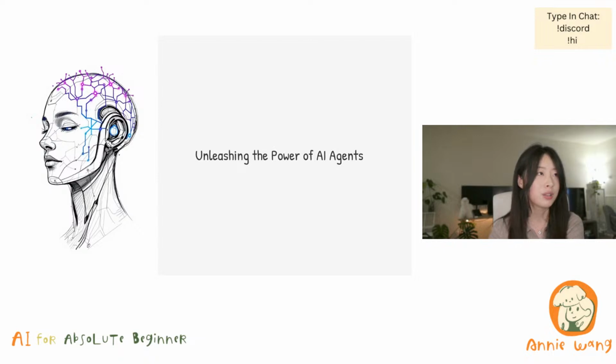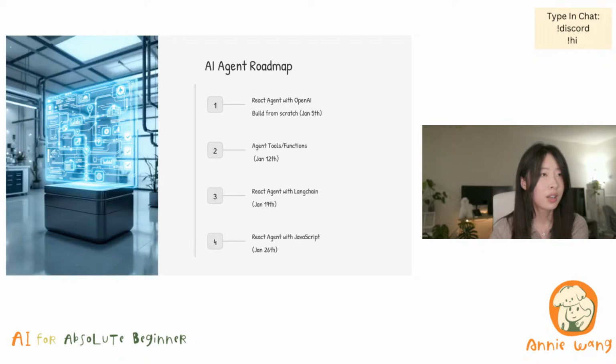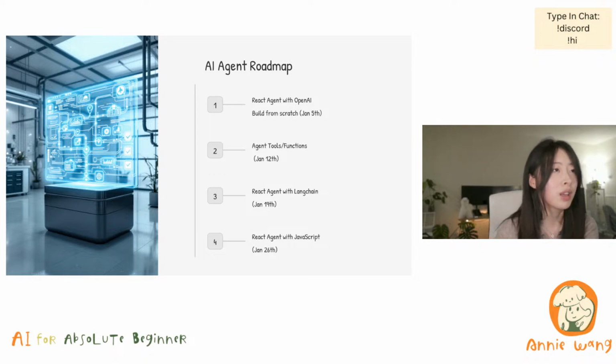And before we start, let me explain the AI agent roadmap. As you can see, this week, January 5th, I plan to do React AI agent with OpenAI, and next Sunday I will talk about tools and functions with AI agent.